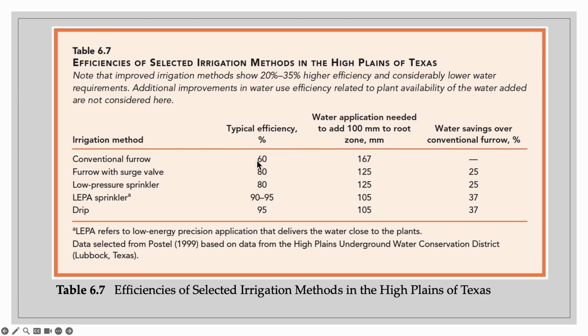So this is more time and cost effective rather than good for water efficiency. Our drip irrigation is going to be the greatest. However, it also costs the most in order to apply. So there's going to be this trade-off between efficiency and cost. We would not want to do drip irrigation on a 400-acre cotton field. That just wouldn't make sense.